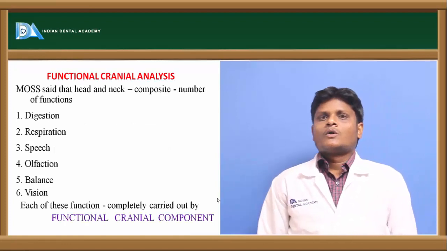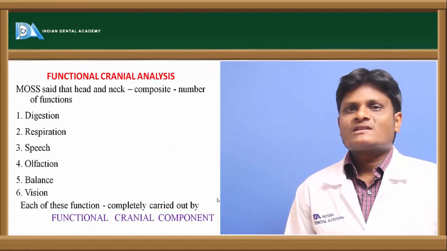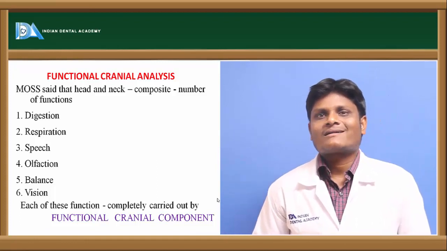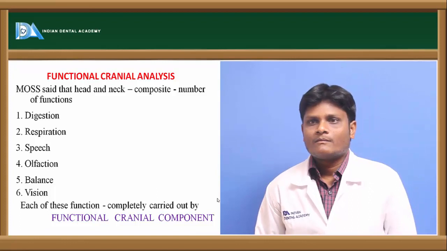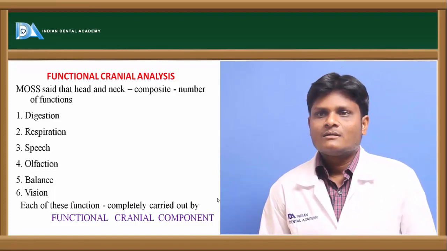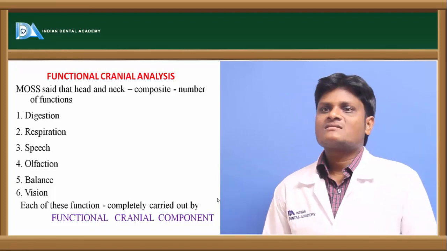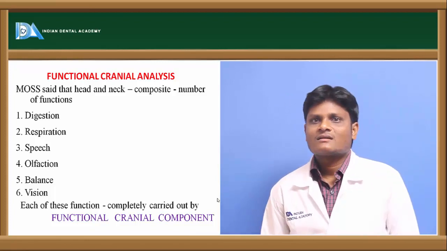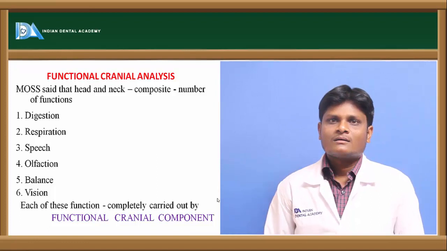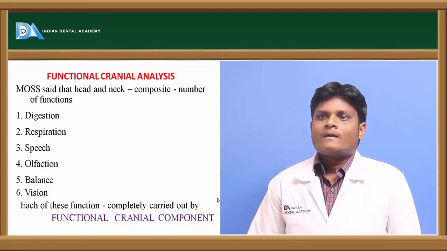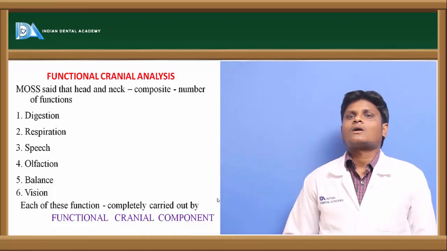Now, when we take the craniofacial skeleton, various functions are carried out in this area like digestion, respiration, olfaction, speech, balance, vision, and hearing, or audition as we call it.